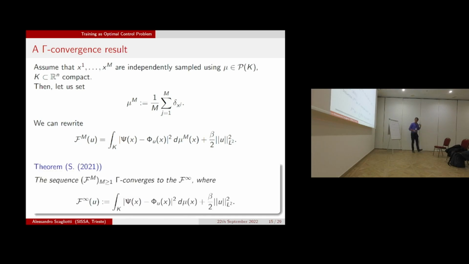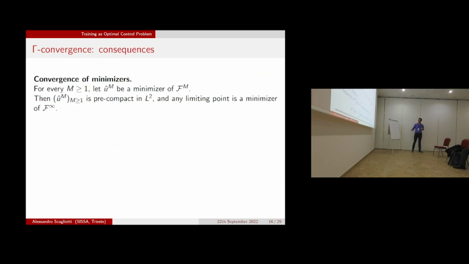The gamma convergence result is that the problem of minimizing F_m is gamma converging to the problem of minimizing F_infinity, where this last functional has exactly the same structure as the functional F_m, but the integral cost is made with respect to the probability measure mu that essentially generates the data on T. Okay, what's the point?